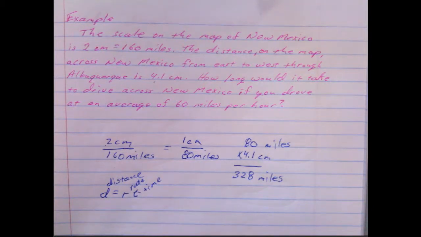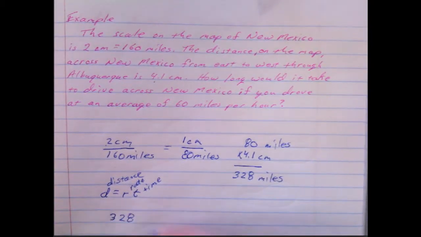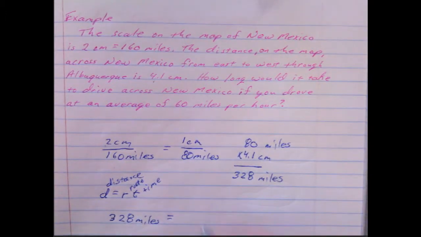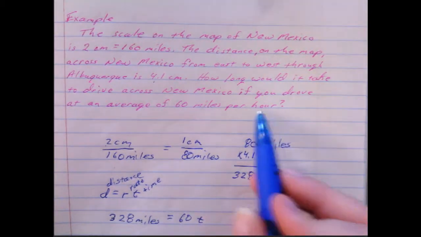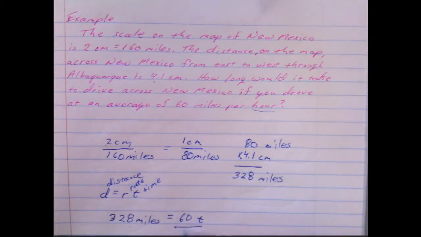Alright, so let's start filling in the things that we know here. We know our distance is 328 miles equals the rate, which is 60, times the time, which we don't know yet. We don't know how many hours it's going to take us. Okay, so we divide by 60 on both sides.